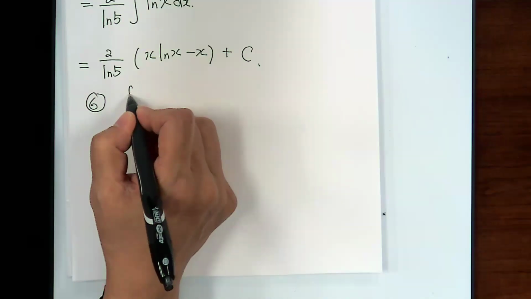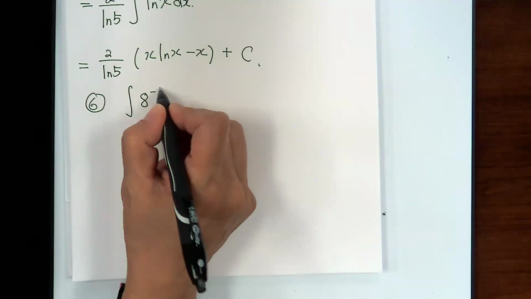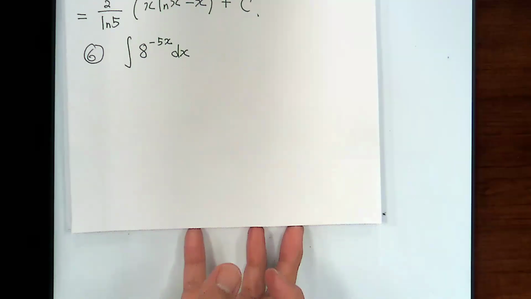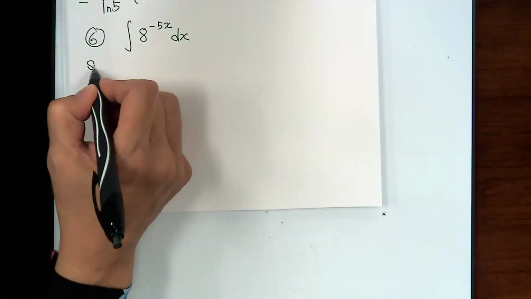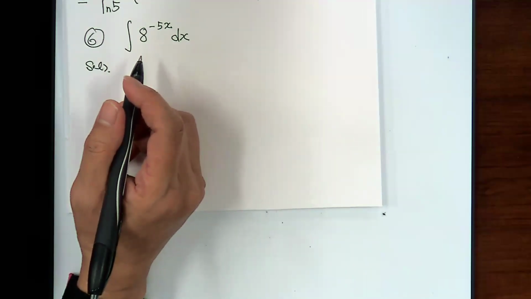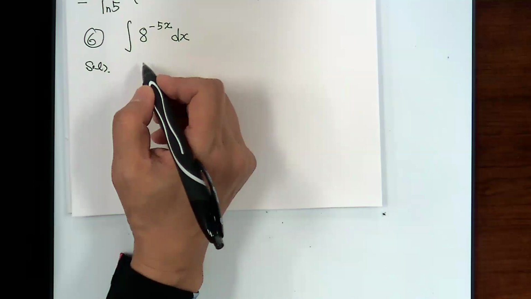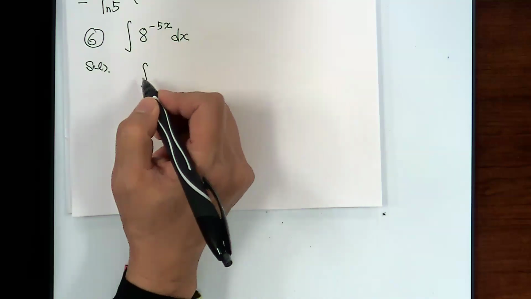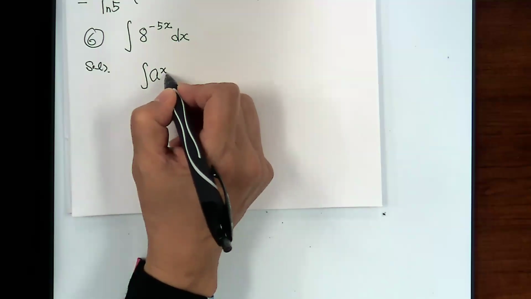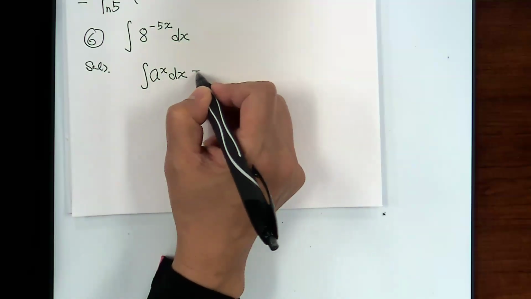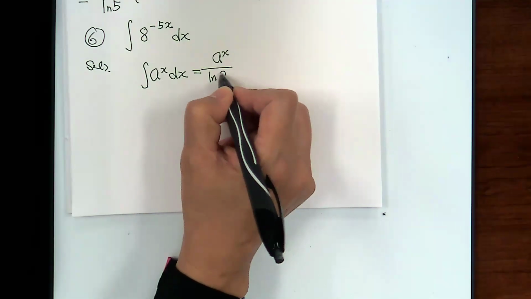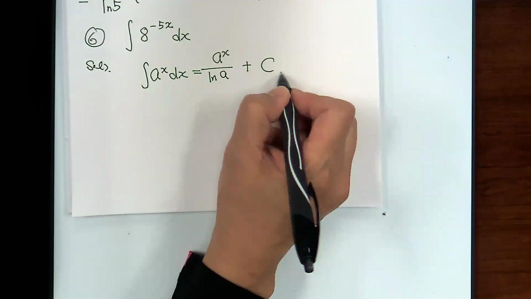The next question is the integral of a to the minus 5x dx. The integration formula you have to use is the integral of a to the x dx is a to the x over natural log of a plus c.